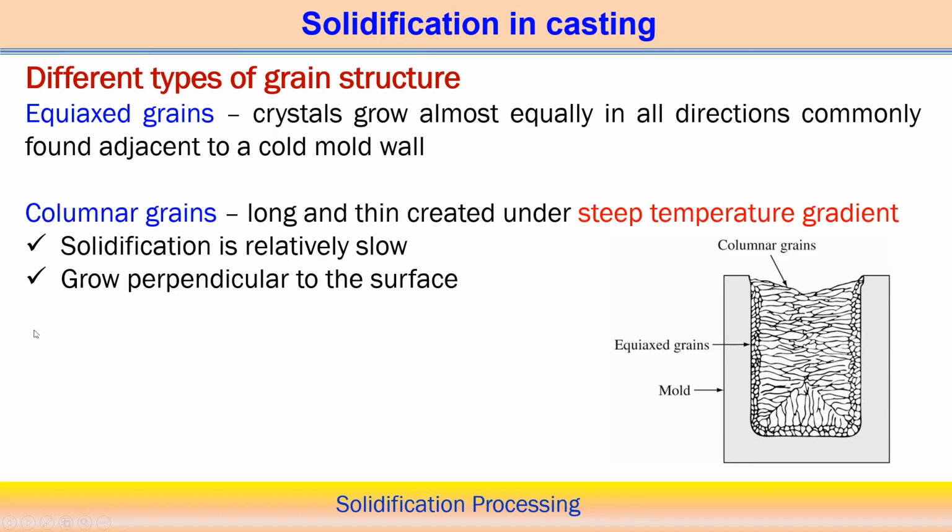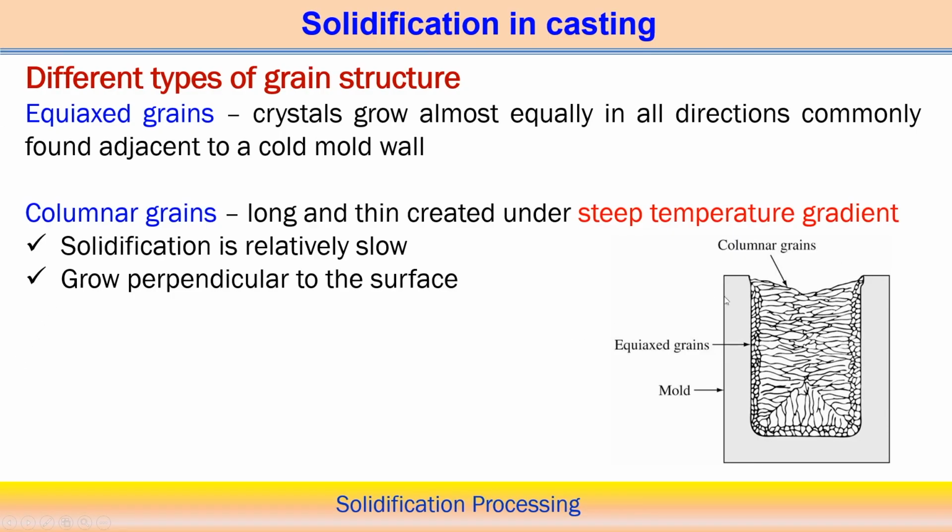So we start with an example of sand molding, or we can say casting using a sand mold. There the rate of heat transfer can be different, or the structural component can be different, depending upon the cooling rate. If you look at this particular figure, we can observe different types of grain structure.